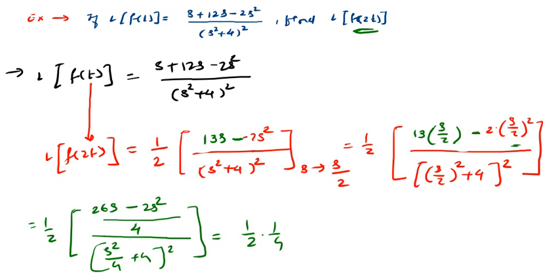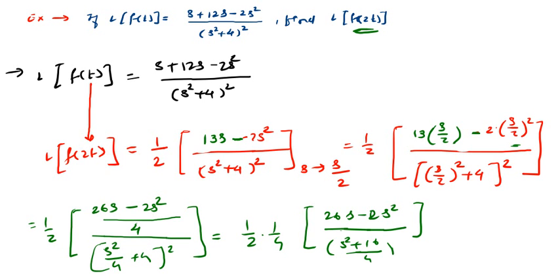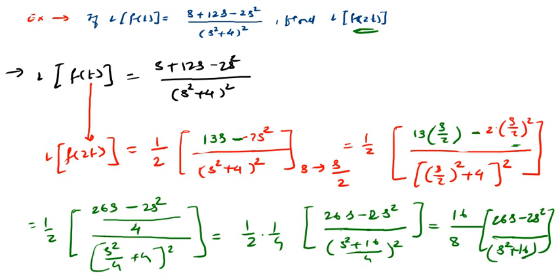So this will be 26s minus 2s square upon s square plus 16 upon 4 square, and 1 by 4 square will be 1 by 16, which goes up as 16 upon 8 in bracket 26s minus 2s square upon s square plus 16 whole square. Cancelling 8 by 16, this will be 2, and that will be your final answer using the change of scale theorem.